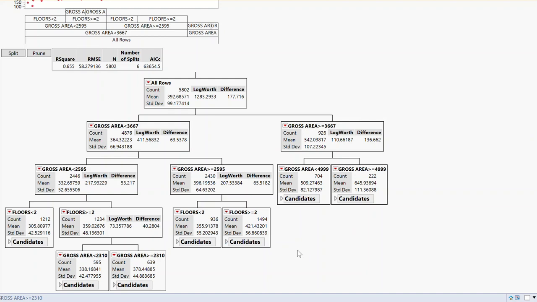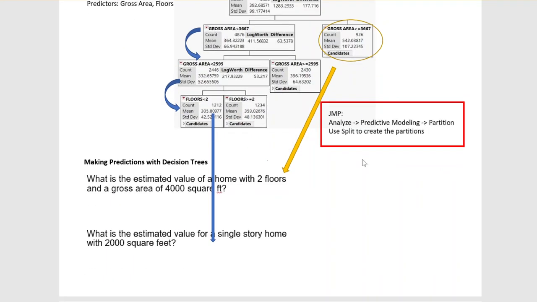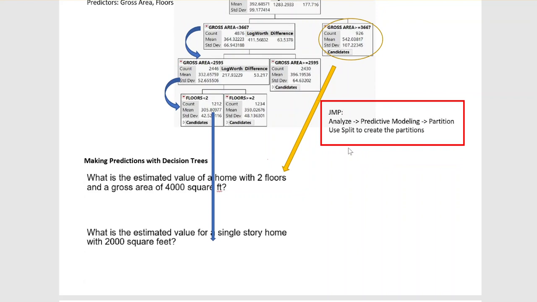I will make another video to talk about the decision tree in detail. But here, I just want to show you that you can always generate a decision tree from JMP or from any statistical software.